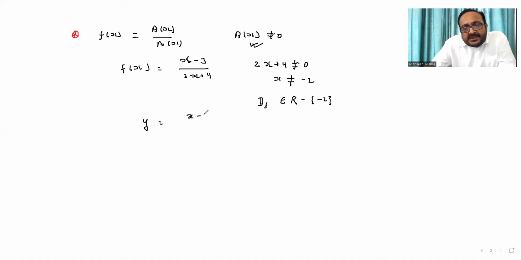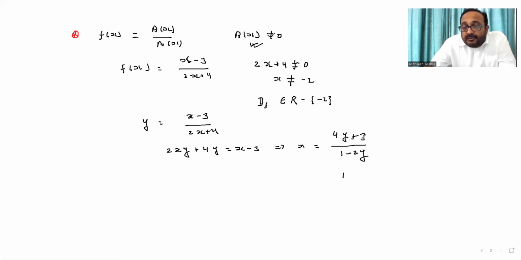To find the range, suppose f(x) is equal to y. y is equal to (x minus 3) upon (2x plus 4). Now make x the subject by cross multiplication: 2xy plus 4y will be equal to x minus 3, or x will be equal to (4y plus 3) upon (1 minus 2y).